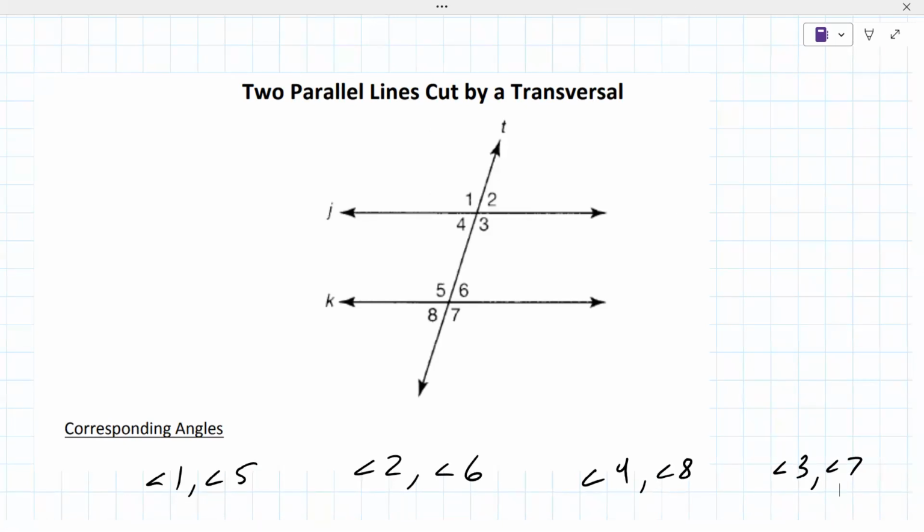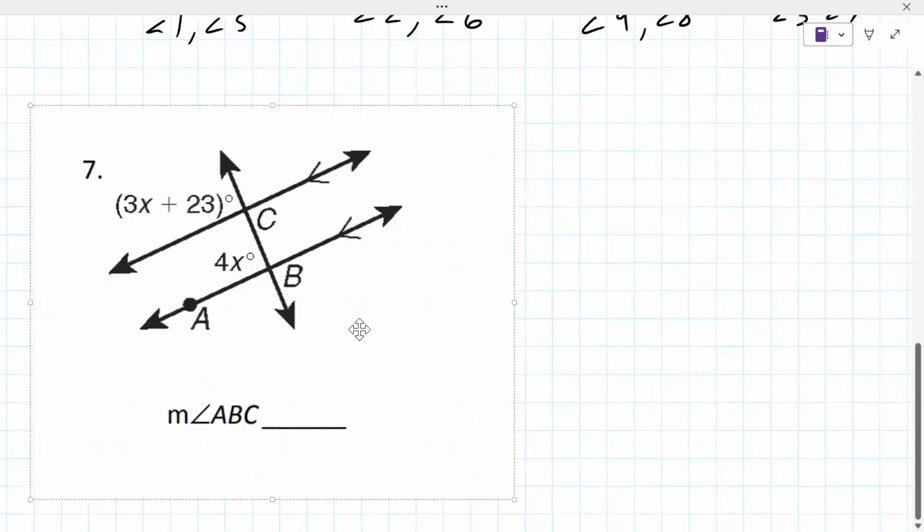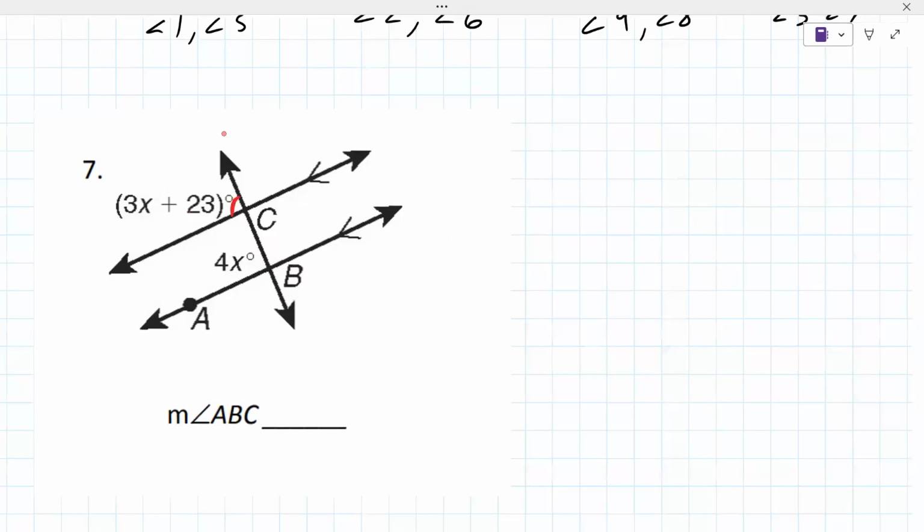You said you've seen those. That's great. And then maybe you're solving some equations. For example, in this practice problem we're going to look at together, the angle up here at the top, 3x plus 23, and 4x are corresponding.